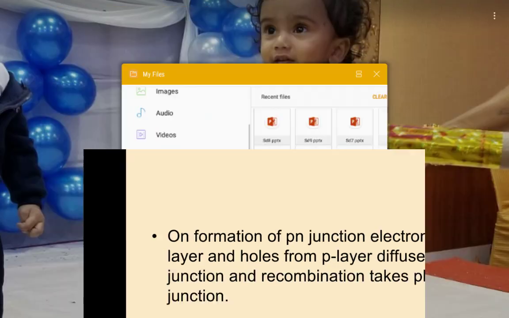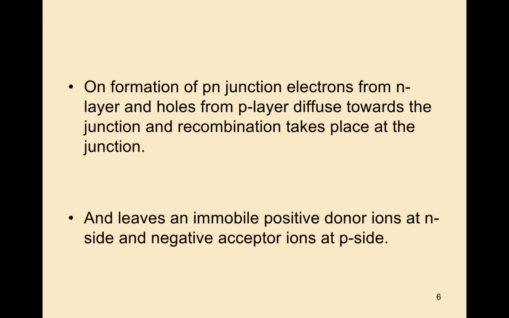This leaves immobile positive donor ions at the n side and negative acceptor ions at the p side.